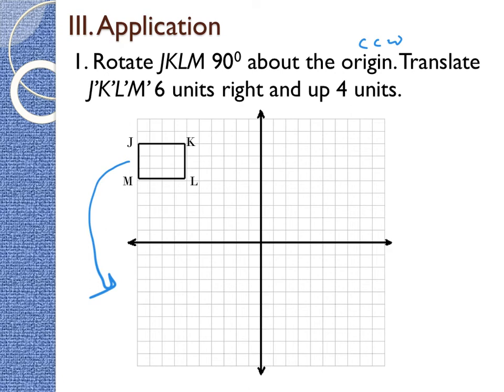So J starts out 1, 2, 3, 4, 5, 6, 7, 8, 10. So J prime, we're going to switch the order, and it's going to the third quadrant. So negative 8, 1, 2, 3, 4, 5, 6, 7, 8, negative 10.